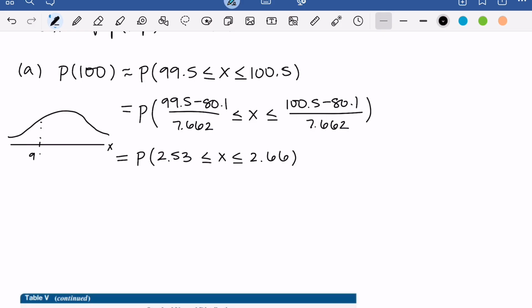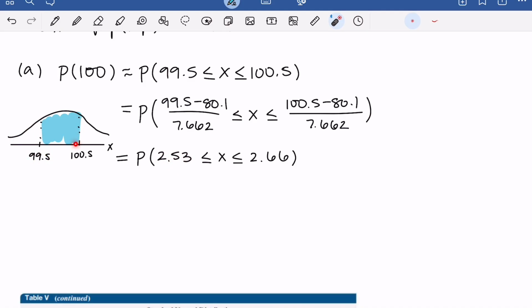So we're looking at the area in between 99.5 and 100.5. So we want to find everything in here. All right. So in order to do that, we know that we're going to need to find the area under the curve corresponding to this z-score, this 2.66, and the area corresponding to this z-score.